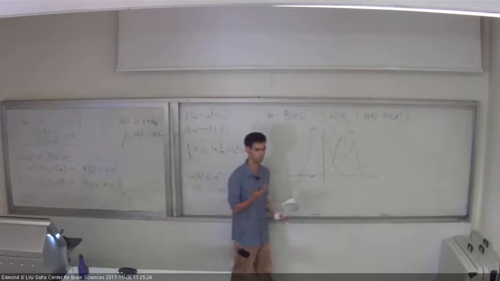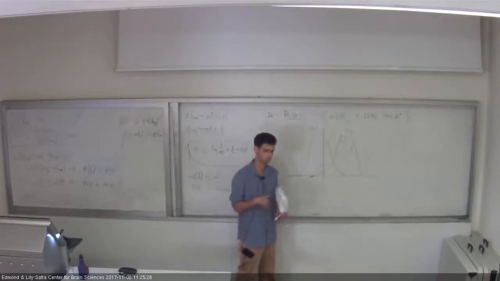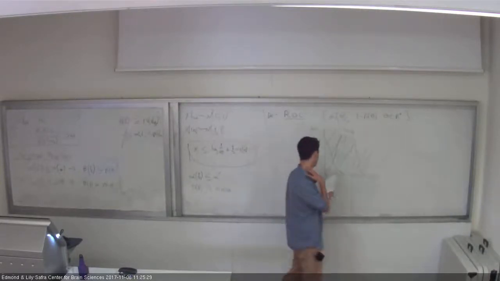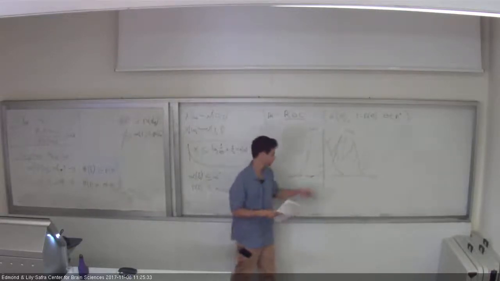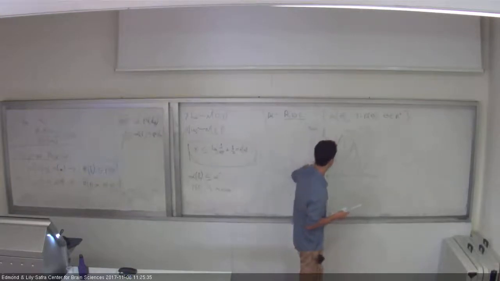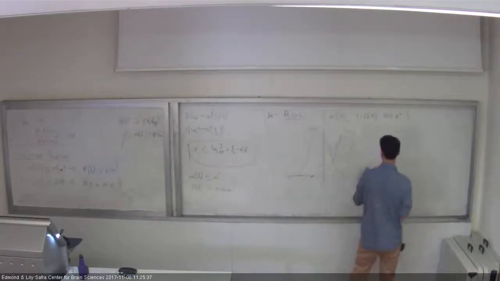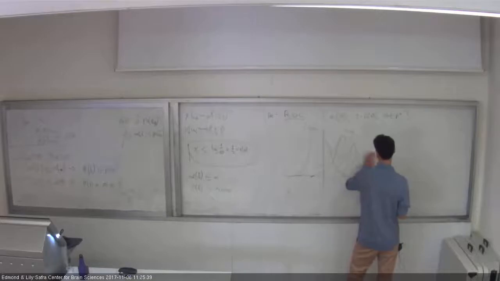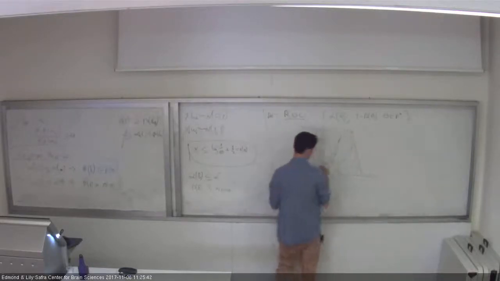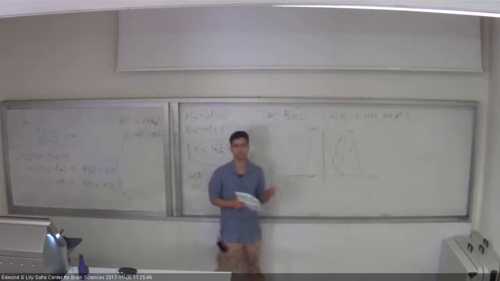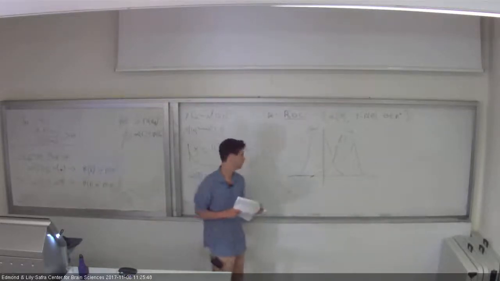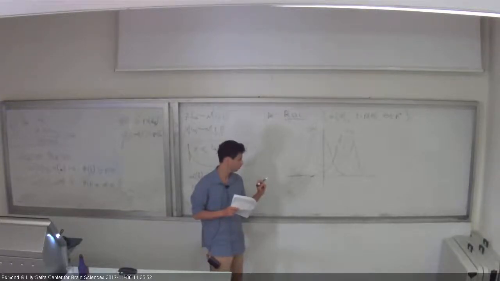Now we want to check in what cases we are correct, so when our decision will be correct. I have a question, because you just marked the parts where p of x given omega 0 is larger than p of x given omega 1, right?